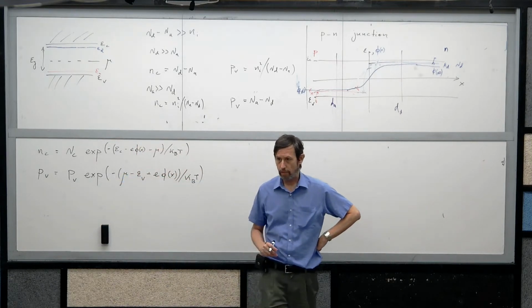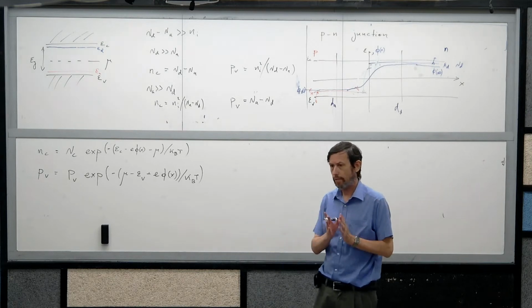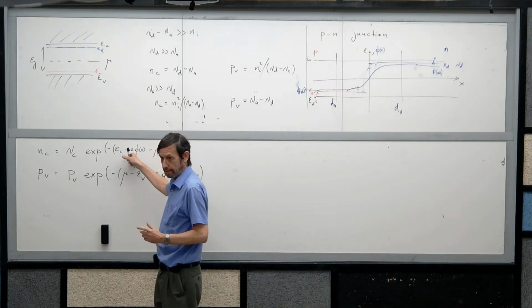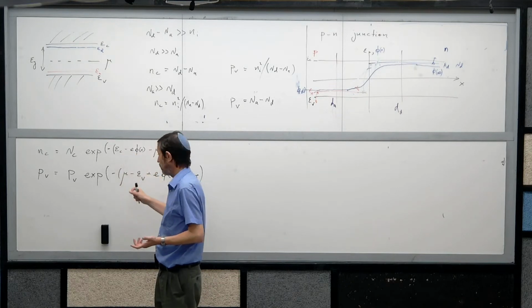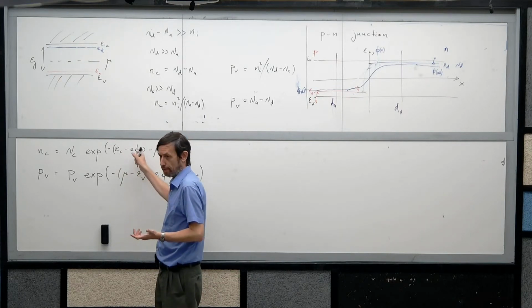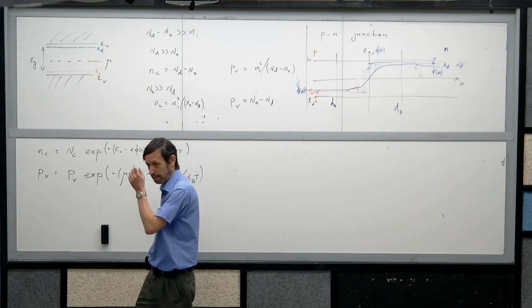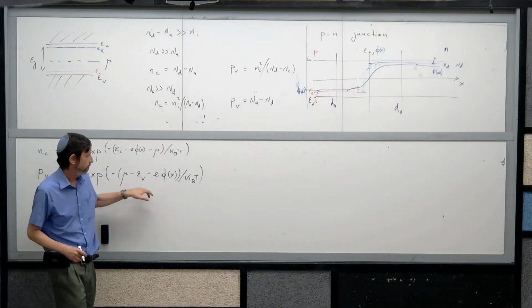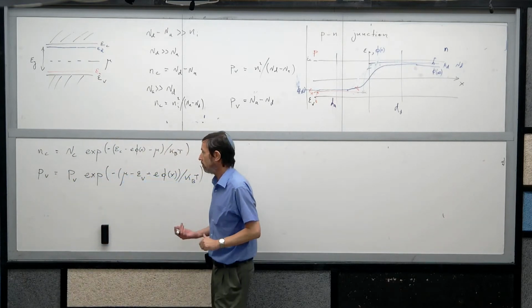What else do we know? It's the same thing that we did in the previous lecture, just adding the potential and a different sign because these are electrons and these are holes. What else do we know?